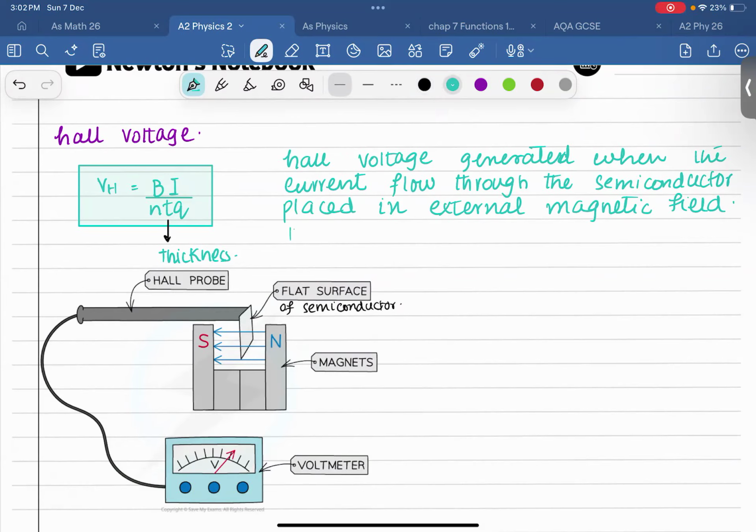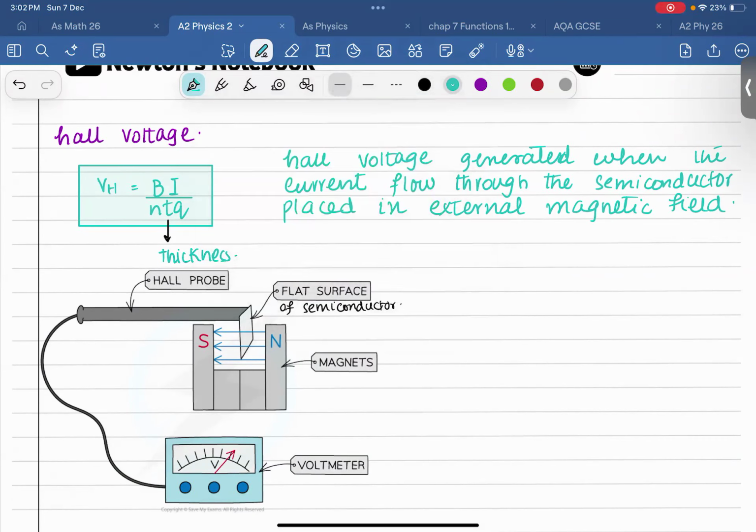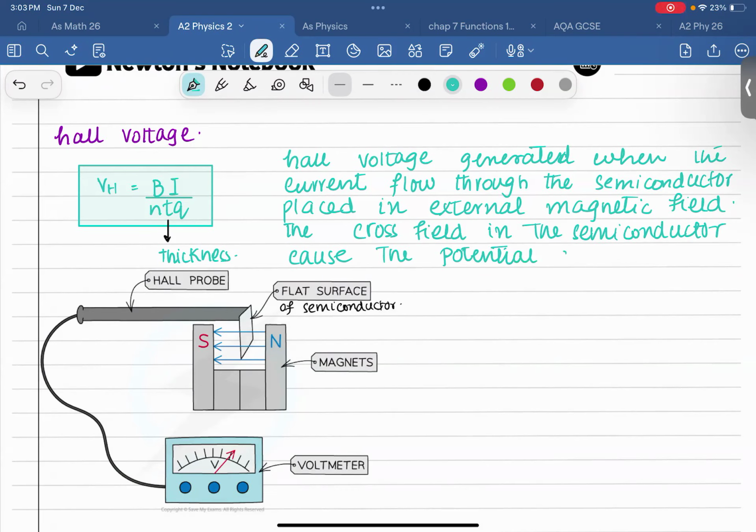I'm writing this sentence just to help you remember this concept: the cross field in the semiconductor causes a potential difference to be created.